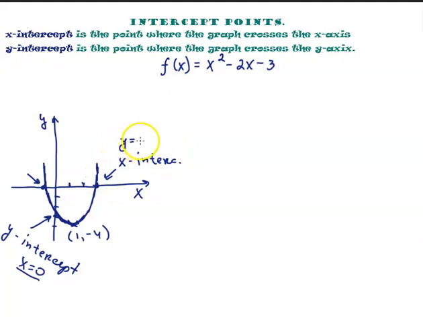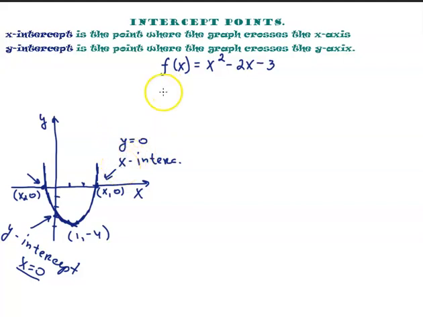I can put here x1 and here x2, let's pretend, and then 0. We will use the fact that y equals 0 to find the x coordinate of the point.